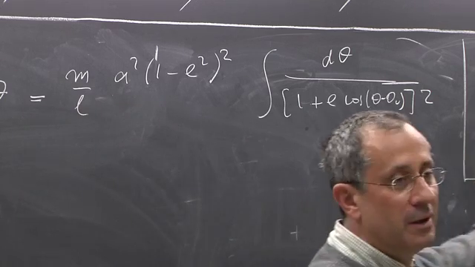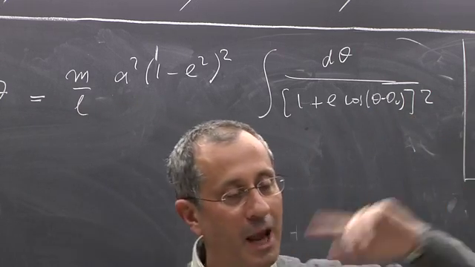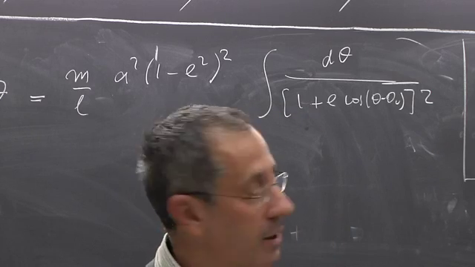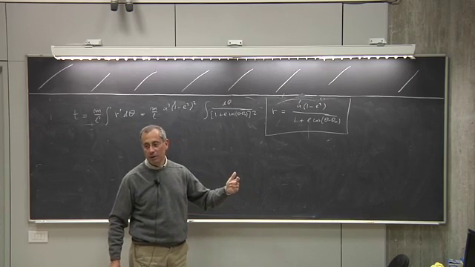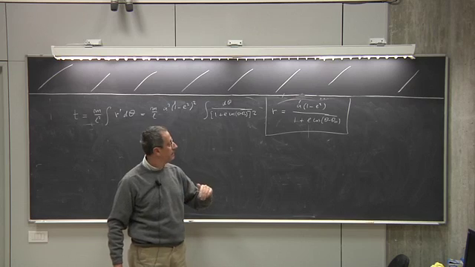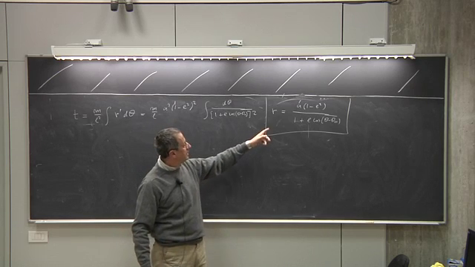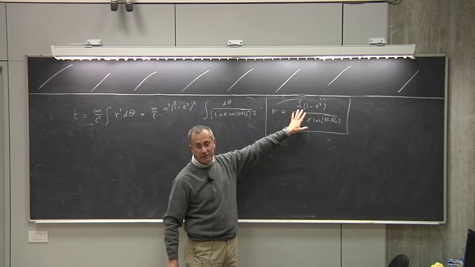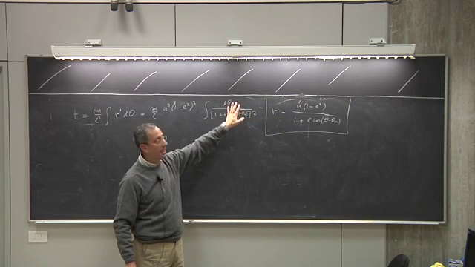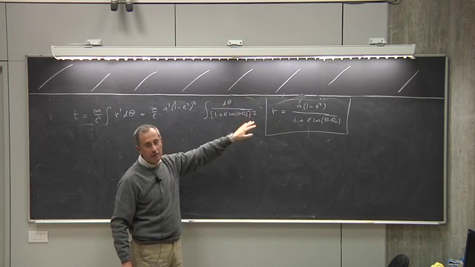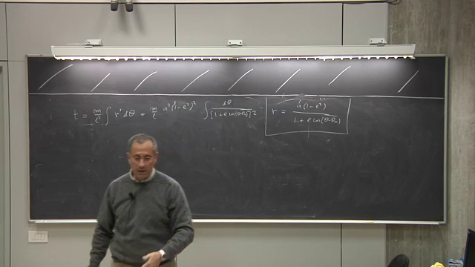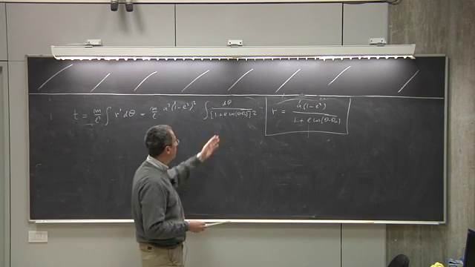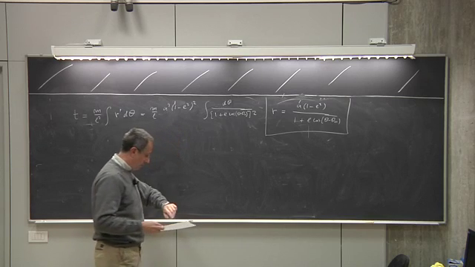I mean, he assumed the first law, Kepler's first law, that planets were moving on ellipses. So he knew this, he plugged it in here, and he had to do this integral. So one way is the way probably he did it. So first, let's simplify this integral. Okay.